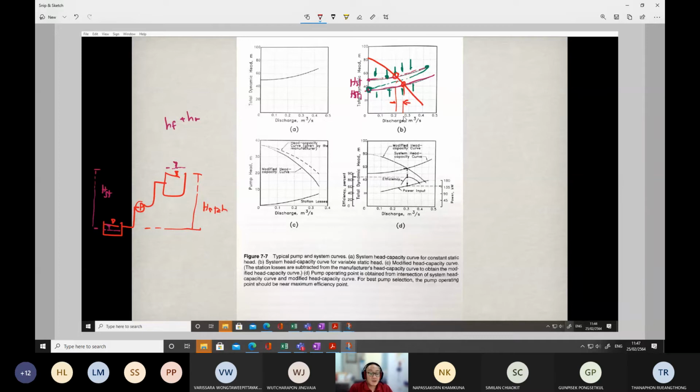As long as it's acceptable, it's okay. But if it gets wider, so much different, sometimes you may have to choose another pump. If you choose the small one, it may create problems. You may have to choose the big one in some cases. Okay, so this is the problem related to these figures that I like to explain.